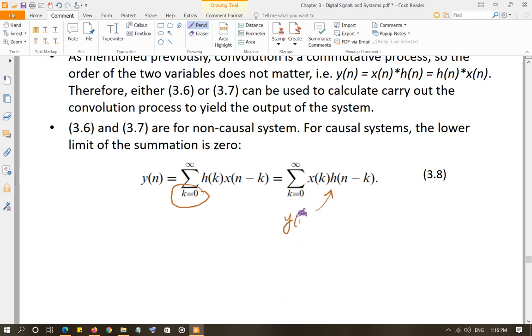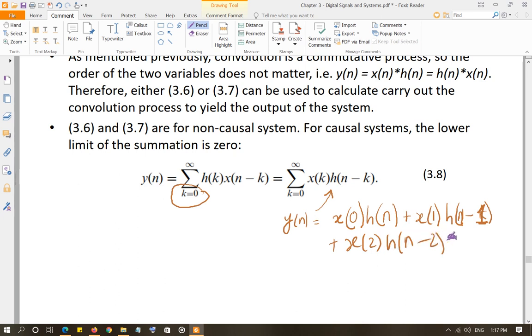If we write down y of n is equal to the sum over k from 0 to infinity of x of k, h of n minus k, that's going to be x of 0, h of n, plus x of 1, h of n minus 1, plus x of 2, h of n minus 2, and so on and so forth, right?